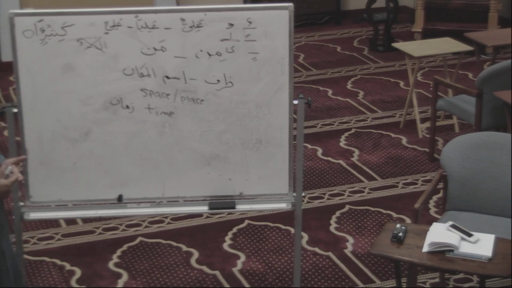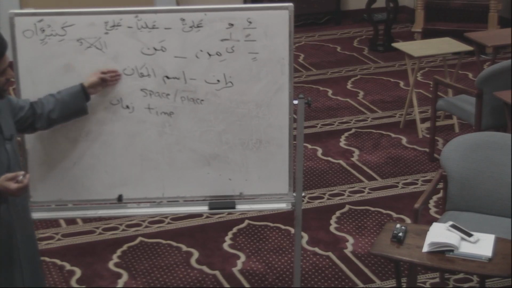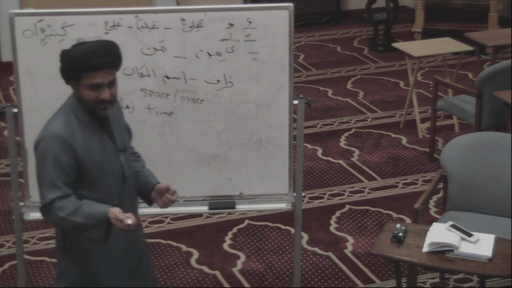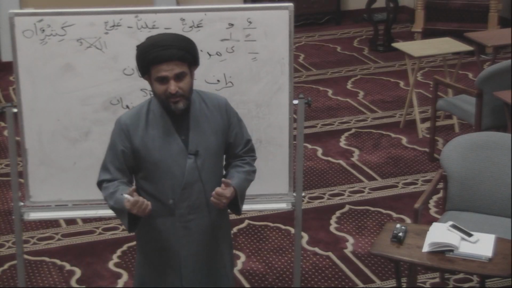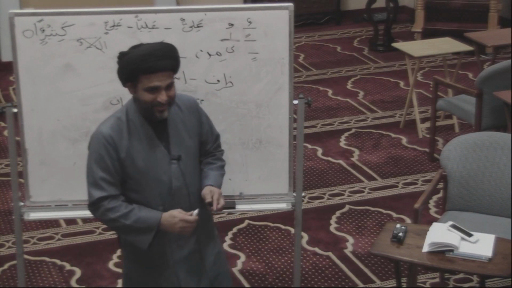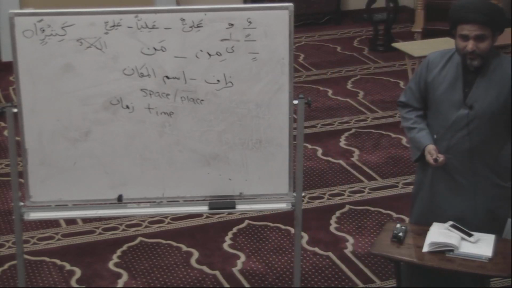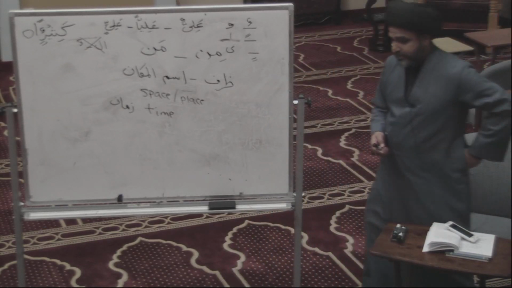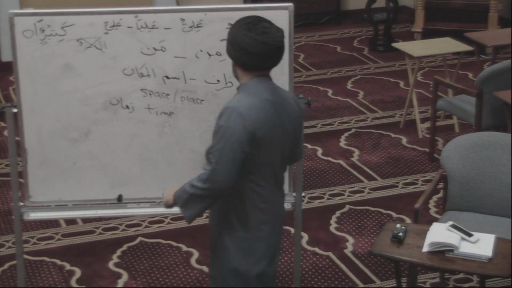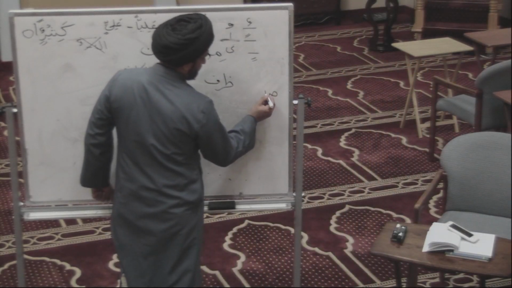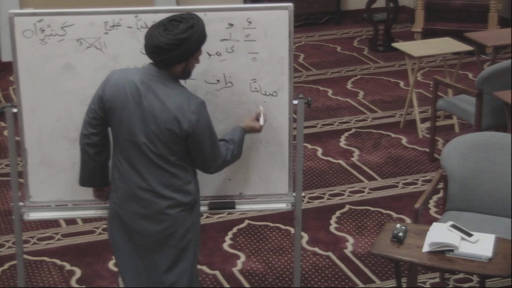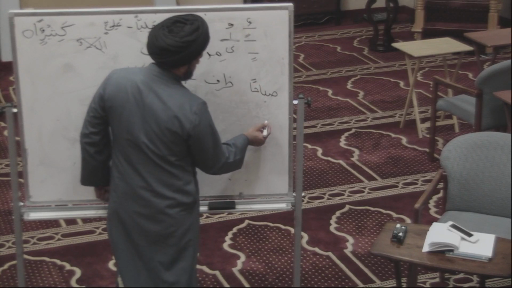Those were zarf zaman, the tool for the time. This is zarf makan, which is amama, khalfa, wara'a, fawqa, tahta, right? Remember those? So that's why, remember we told you, these zuruf are always going to be, for example, sabahan, right? Sabahan, masalan, masa'an.